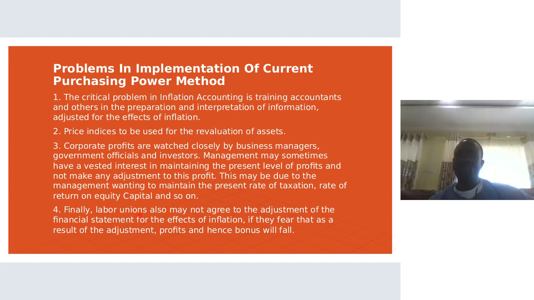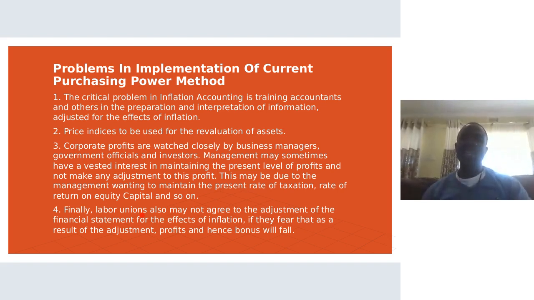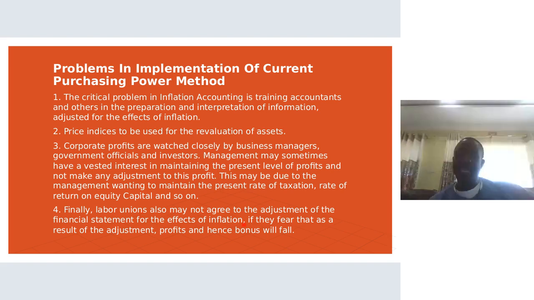Finally, we also have the labor unions like COTU. They may also not agree on the adjustment of financial statements to reflect inflation because they will be affected in the financial statements.